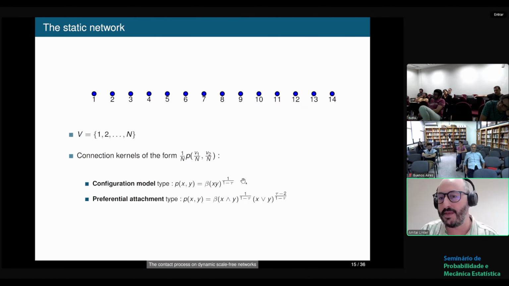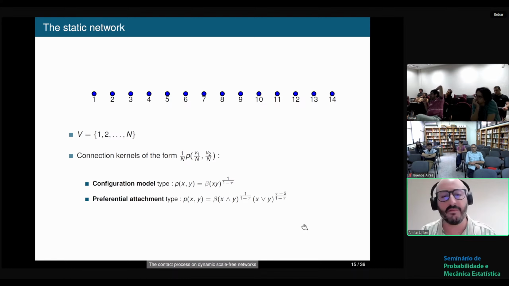Tau is going to be something larger than 2. And the preferential attachment type, this is the kernel in which you take the minimum between the two vertices raised to this power and the maximum raised to this other power. Both of them are going to be negative. Okay, and the reason that we select these particular kernels is just to replicate the first order statistics of the configuration model and the preferential attachment model.